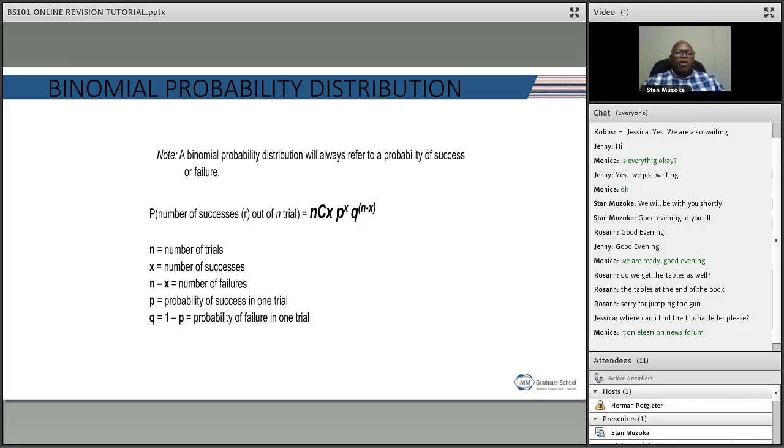In a binomial probability, you are going to be given the probability of two events. There will be a probability of success and a probability of failure. And once you've identified that, this question is a binomial question because of the probability of success being given.